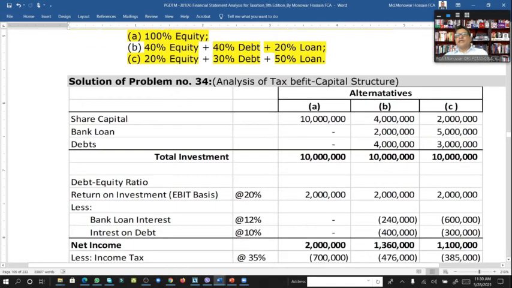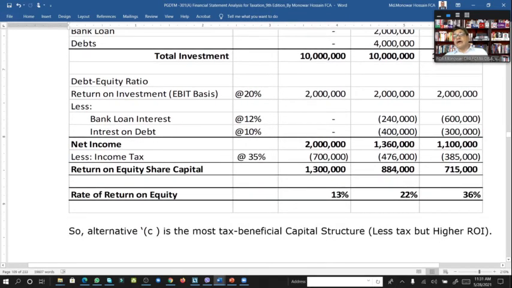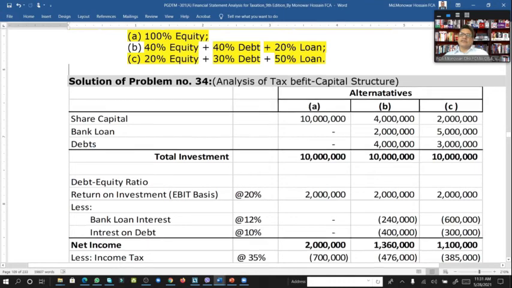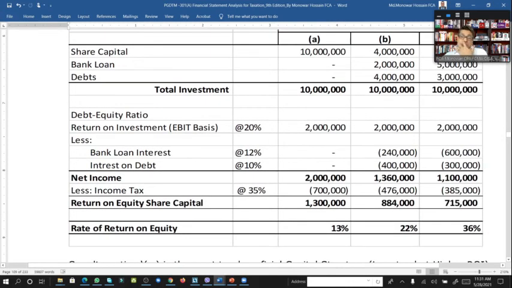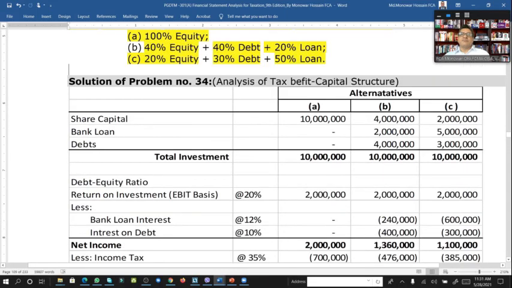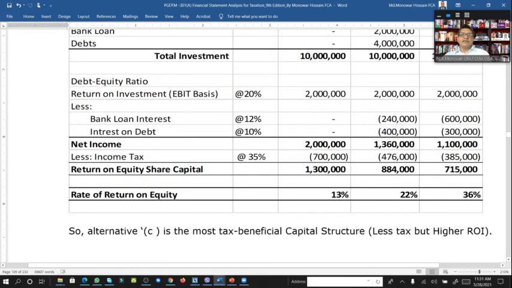They invest only 20 lakh in the capital, that means equity capital, and their return is 7 lakh 15,000. So as a tax consultant, you will advise your company to choose the third option, because here the rate of return on equity would be higher than any other pattern. So alternative C is the most tax beneficial capital structure.